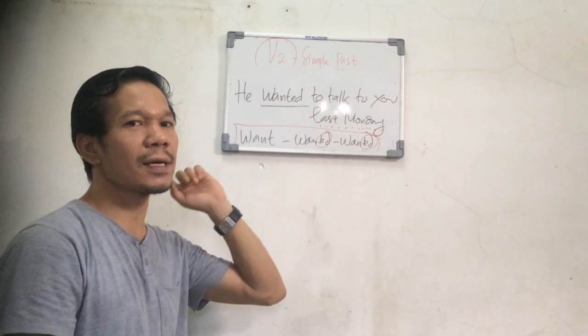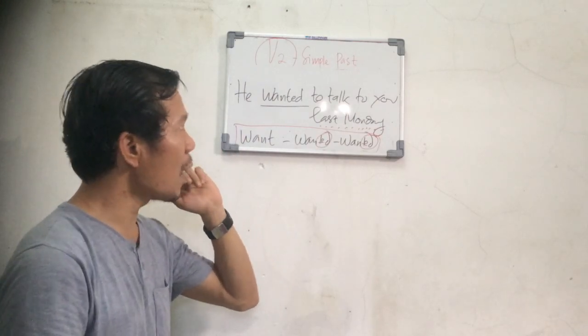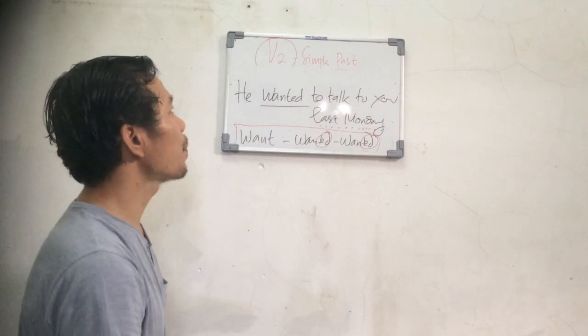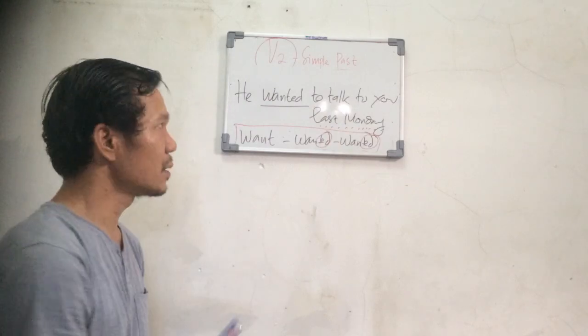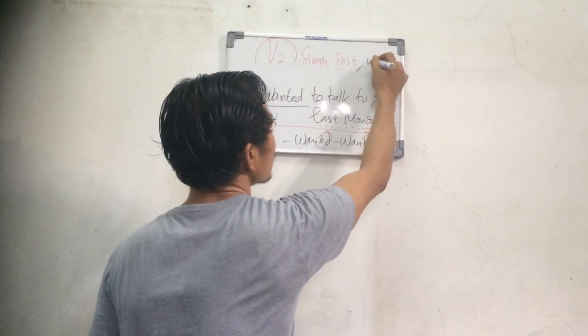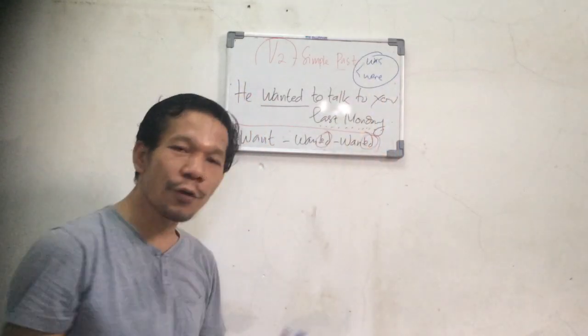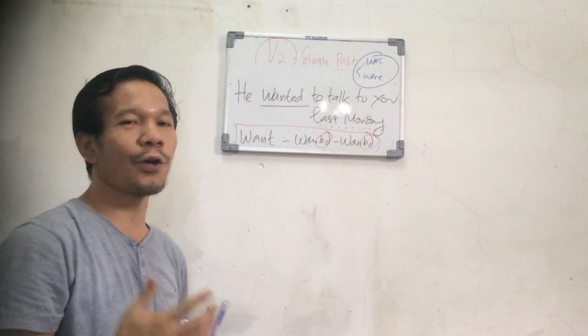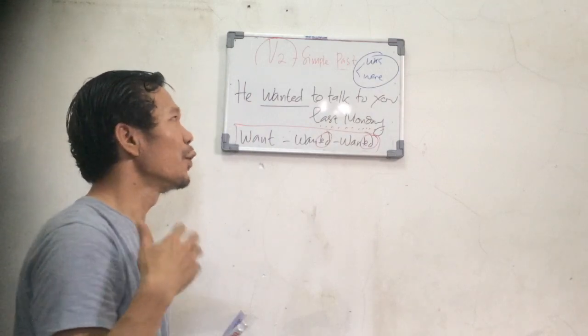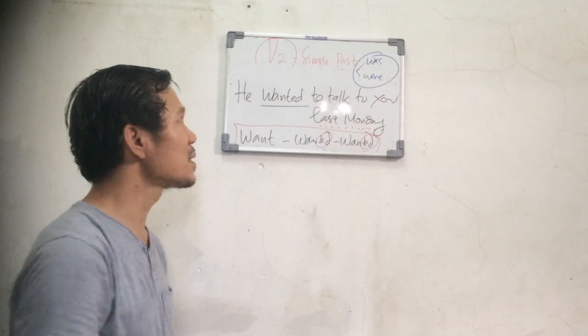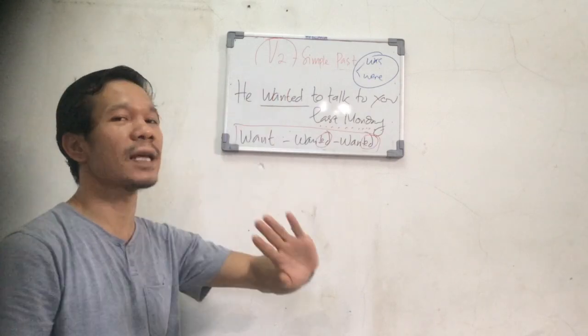As I told you last week, in our study about to be for simple past, we use was and were. We use was and were for non-verbal sentences. Non-verbal sentence means that there is no verb in the sentence.